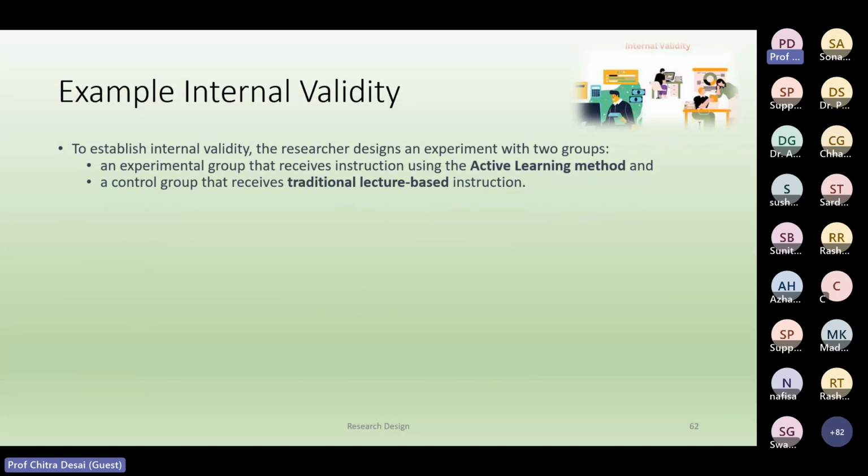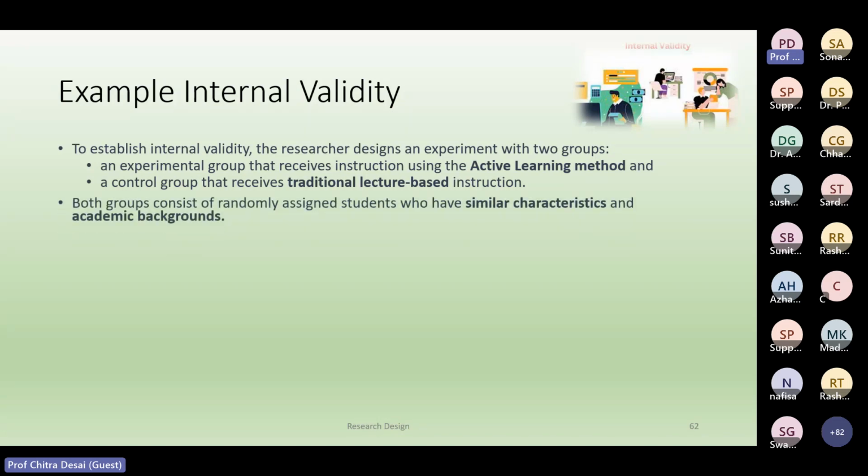Now, how this internal validity works, I'll quickly take a small example. Suppose we want to establish internal validity with the help of two groups: one experimental group that receives instruction using the active learning method, and another, a control group, that receives traditional lecture based instruction. We assume both groups have similar characteristics and academic background.